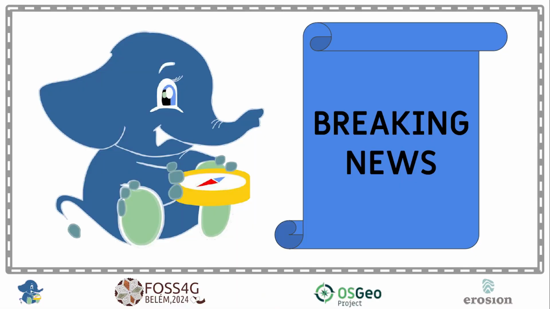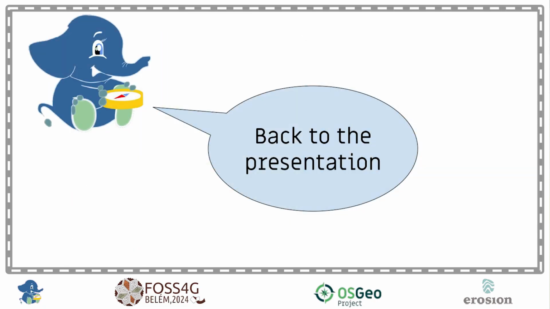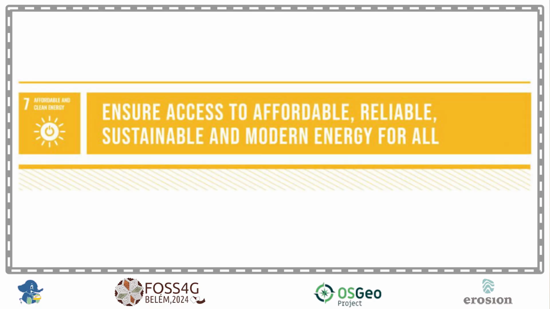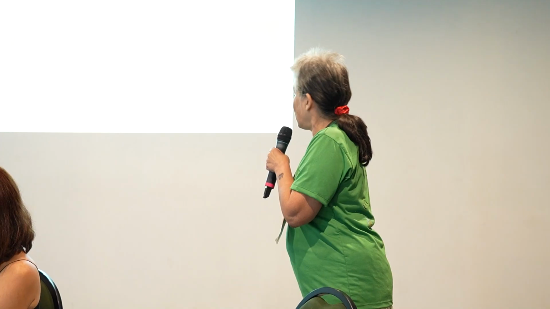So, what are we going to be doing today? We're going to be tackling a problem that comes from the Sustainable Development Goals from the UN: ensuring access to affordable, reliable, sustainable, and modern energy for all.